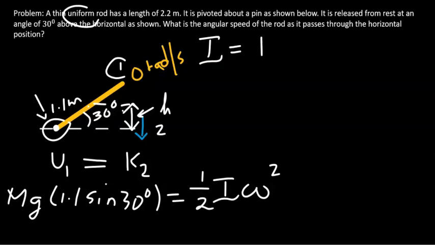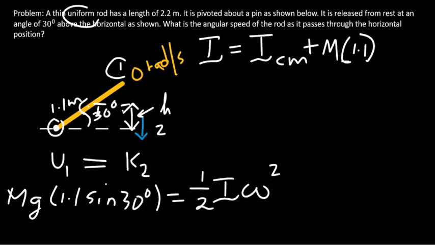It's given by the parallel axis theorem again. It's the moment of inertia through its center of mass plus the mass of that rod times the square of the distance between the axis passing through the center of mass and the axis about which the moment of inertia is to be calculated. So the distance here is 1.1, and don't forget to square that.